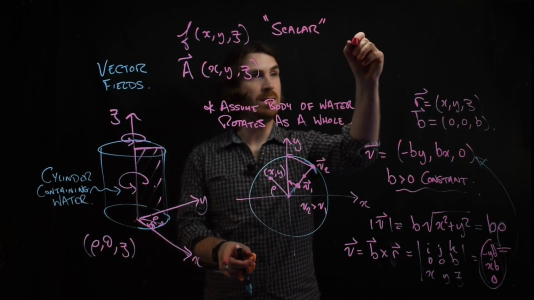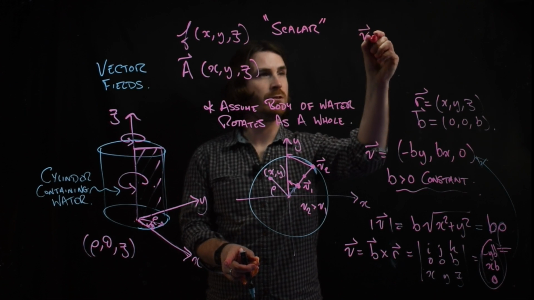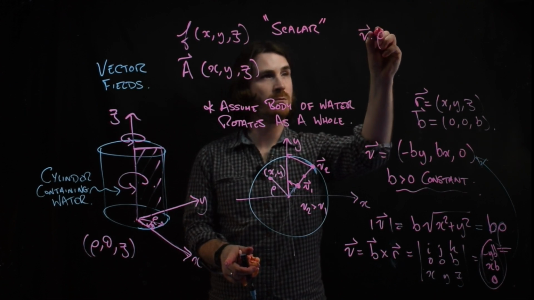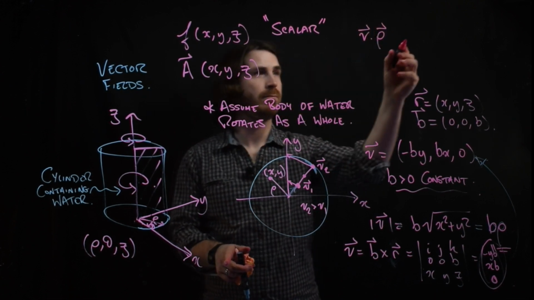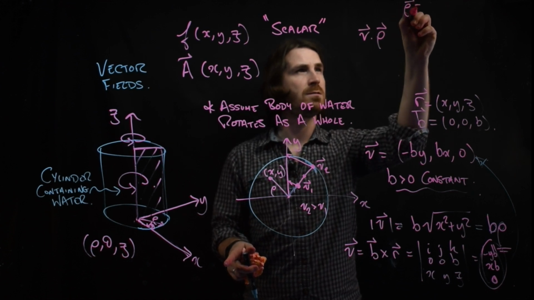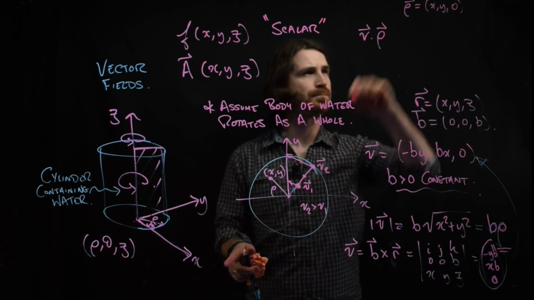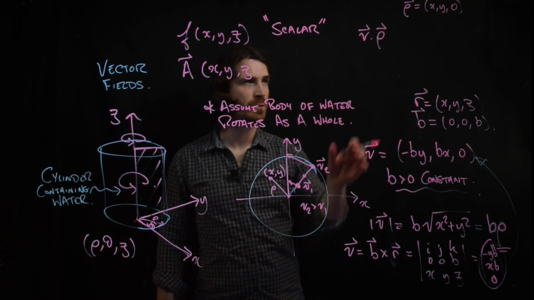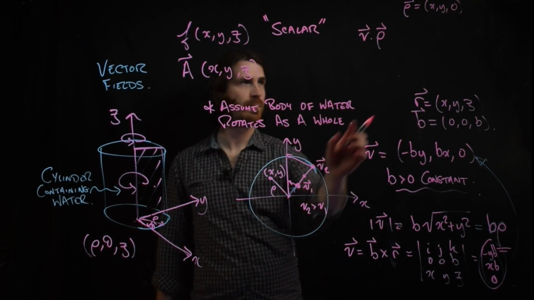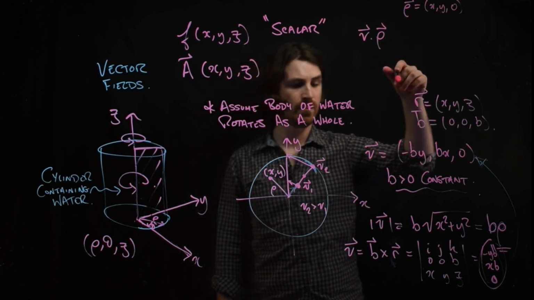So let's say v dotted with the vector rho, where rho is a vector x, y, 0, so it stays in the xy plane and doesn't have any z component.